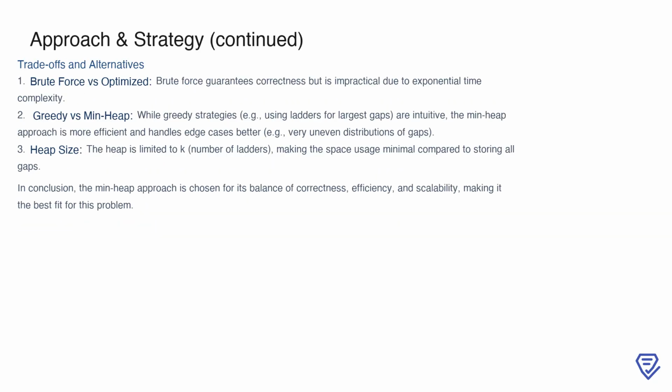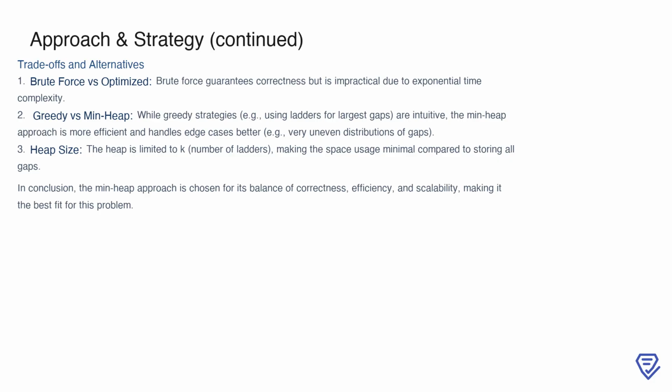When comparing the different methods, brute force guarantees correctness but is prohibitively slow due to its exponential time complexity. The greedy approach of prioritizing ladders for the largest gaps is more intuitive and efficient but doesn't handle all edge cases as effectively. In contrast, the min-heap strategy strikes the perfect balance between correctness, efficiency, and scalability.